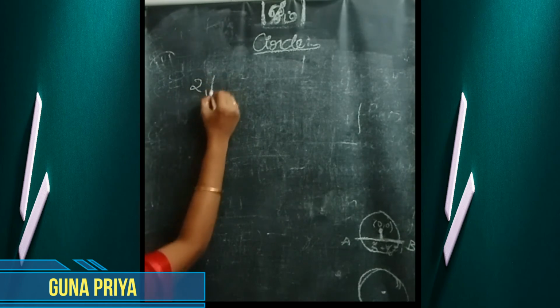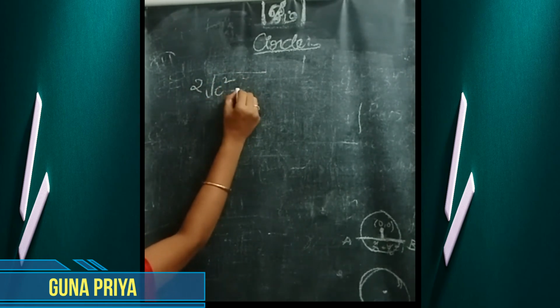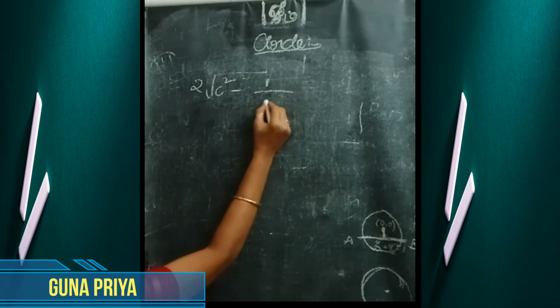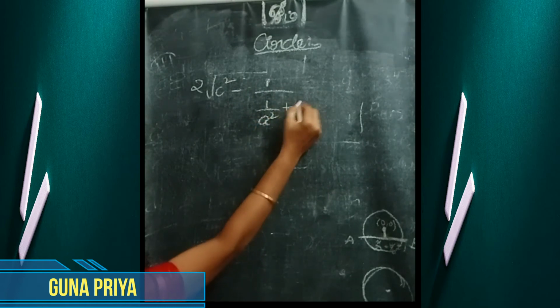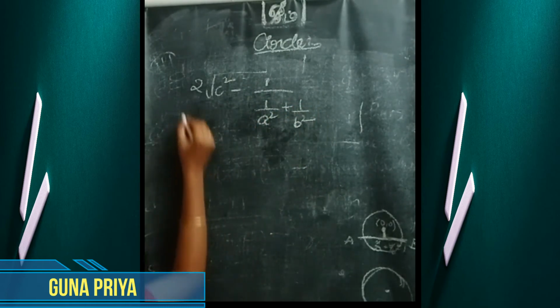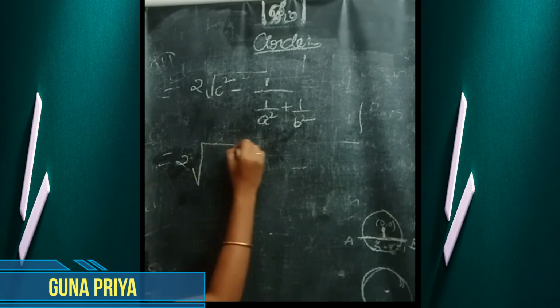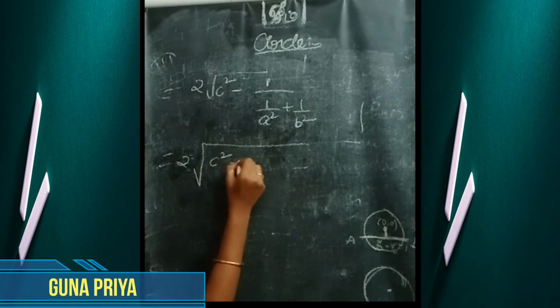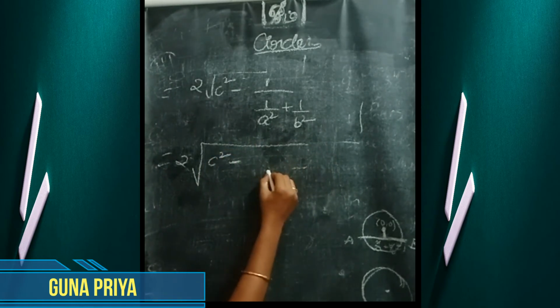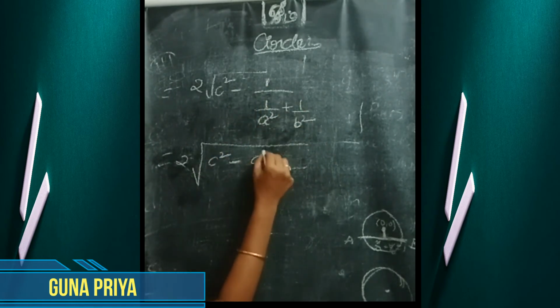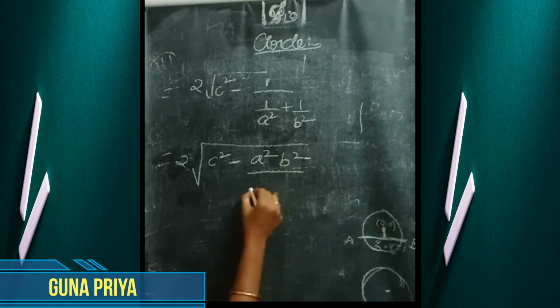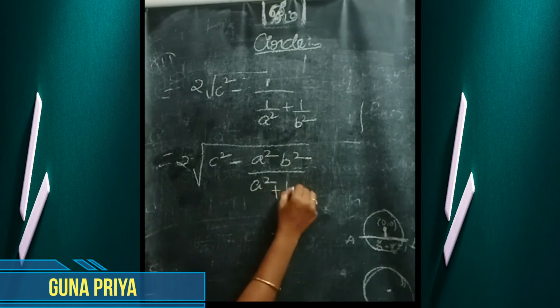What is the value? 2 into root of r, that means c square, minus d square, that means 1 by a square plus 1 by b square. Now solve it. 2 into root of c square minus the LCM for this. It will become like this, why?